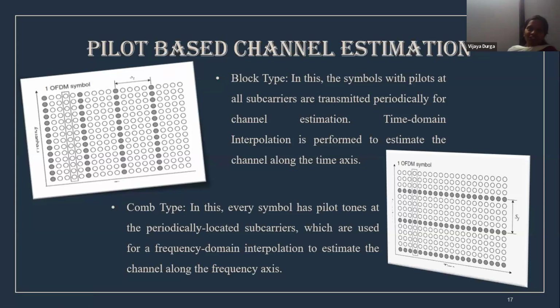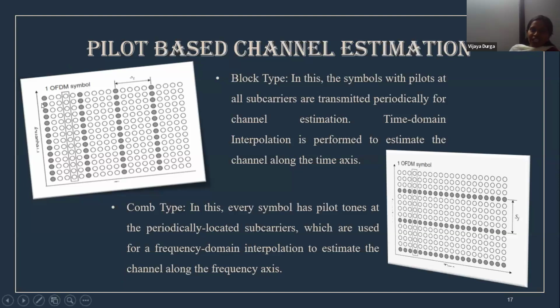Then how to estimate at the receiver? First, we need to estimate the channel at the pilot symbols. If you are taking least squares estimation, H is simply y by x, that means the received pilots y divided by the known pilots x. So you can easily estimate the channel at the pilot carriers.